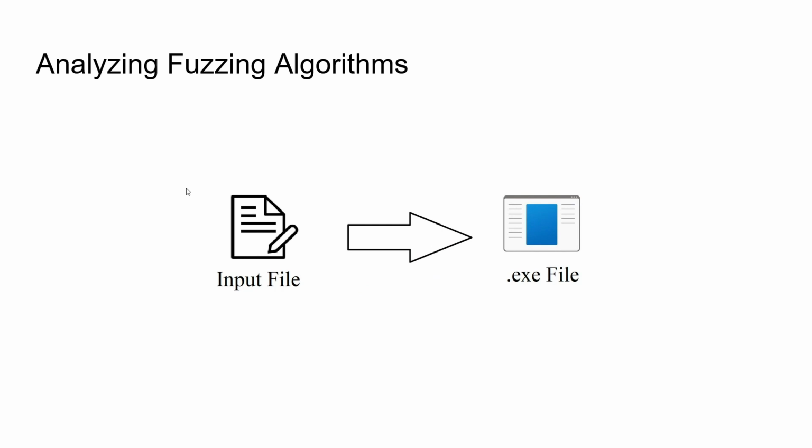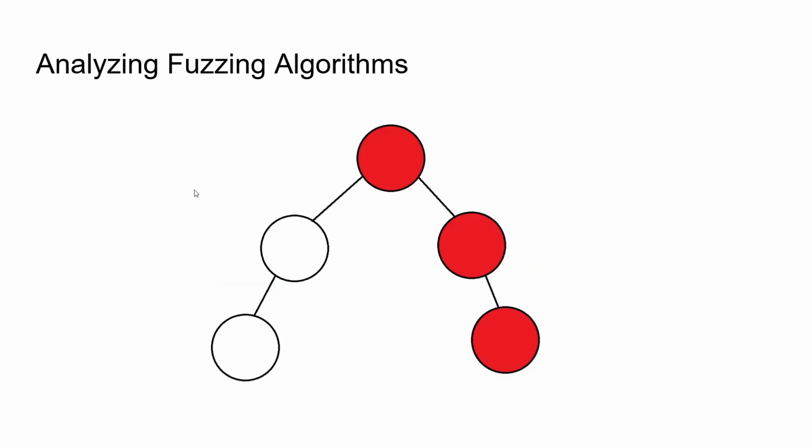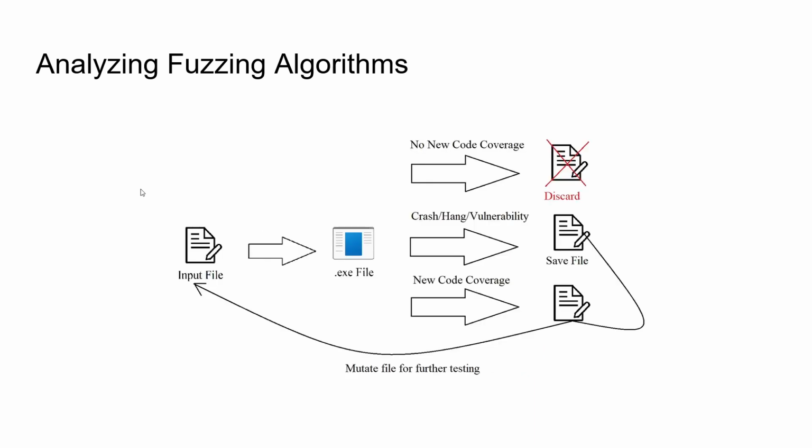The input files are then put into the executable being fuzzed, and the fuzzer analyzes the code coverage that the input files hit. So an input file here might go down the right path, another input file might go down the left path. After the input files are put through the executable file, if there is no new code coverage, an input file is discarded.